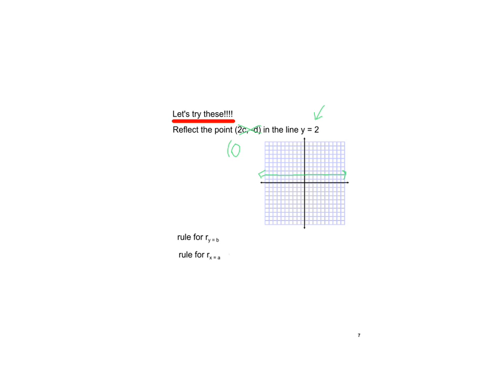So let's do the point (0, -1), which ends up being right here. So I have to count boxes 1, 2, 3, and then I come out on the other side 1, 2, 3, and I'm at the point (0, 5). Okay, so hopefully this makes sense and you can go ahead and complete the assignment that follows.